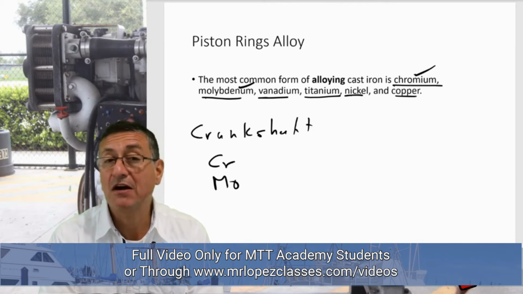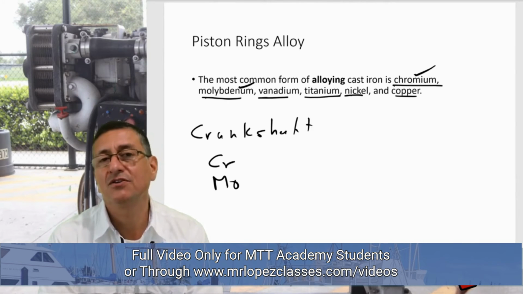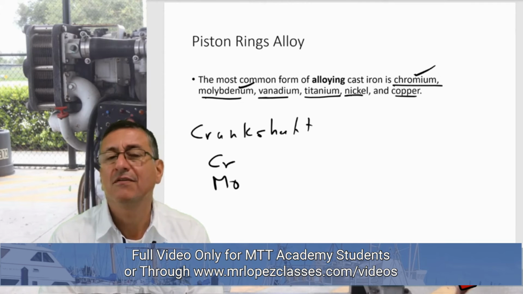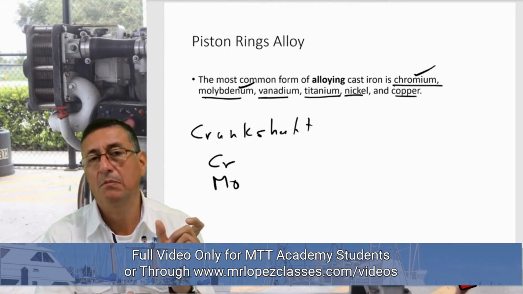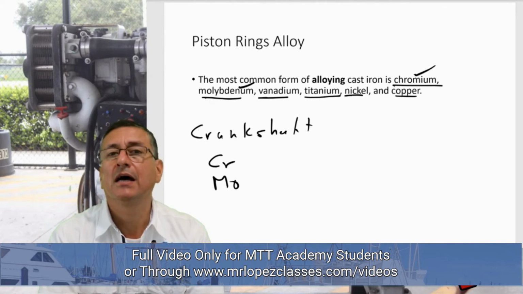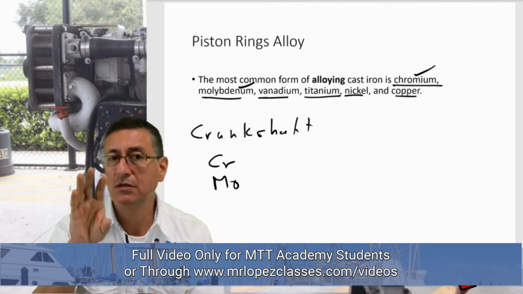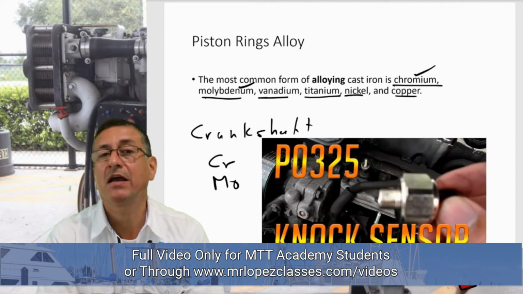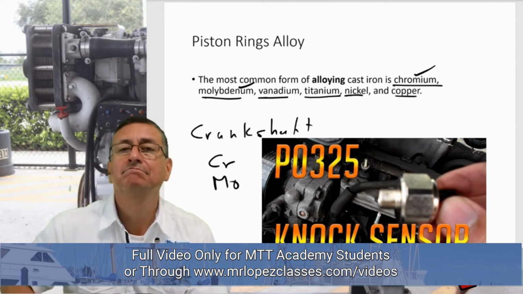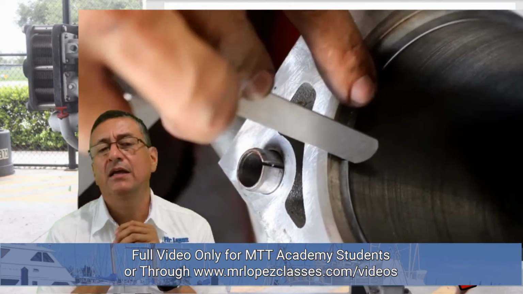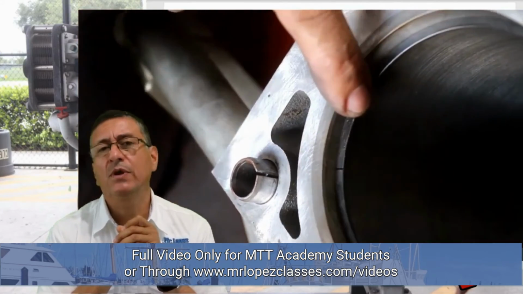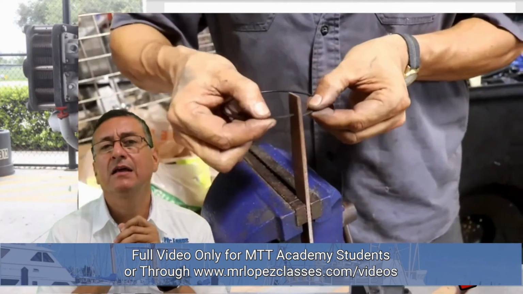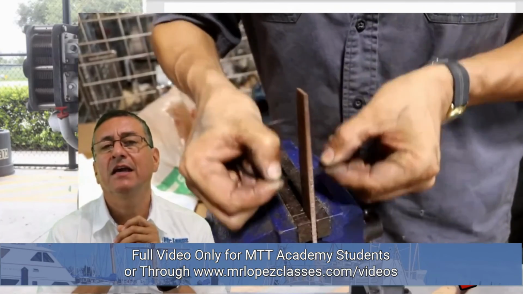Okay, if it's the crankshaft, if I have deterioration in my crankshaft, if I have dents on the surface of the crankshaft, on the main journals or on the rod journals, probably I have one code activated in my computer. What is the name of that code? Yeah, knock sensor.